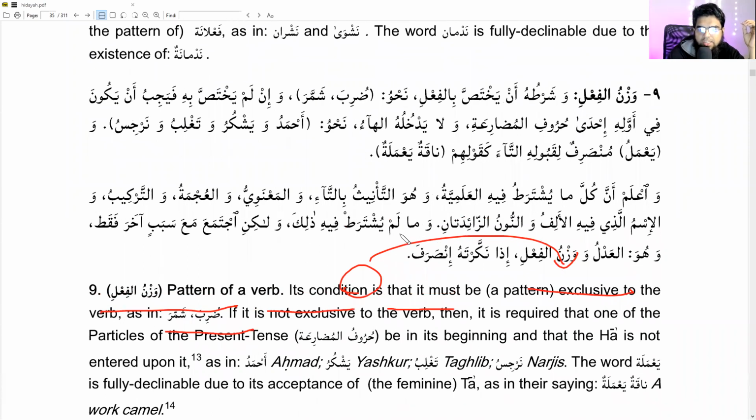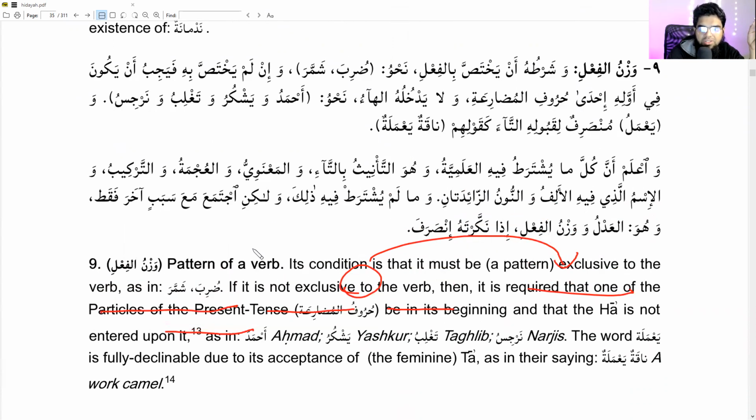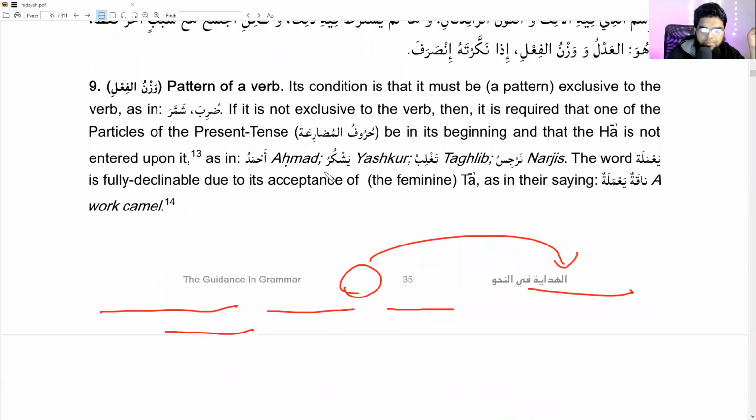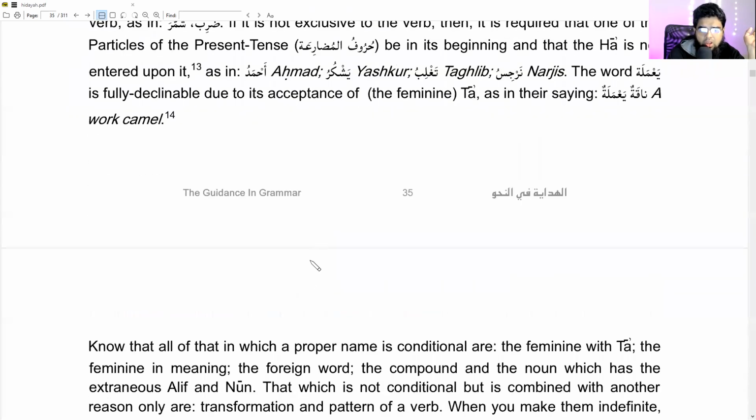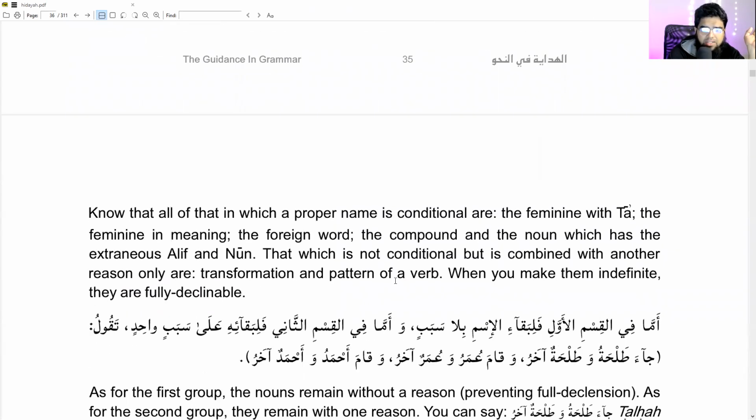وما لم يشترط فيه ذلك ولكن اجتمع مع سبب آخر فقط هو العدل ووزن الفعل، إذا نكرته انصرف. That which is not conditional but is combined with another reason only are transformation, adl, and pattern of a verb.